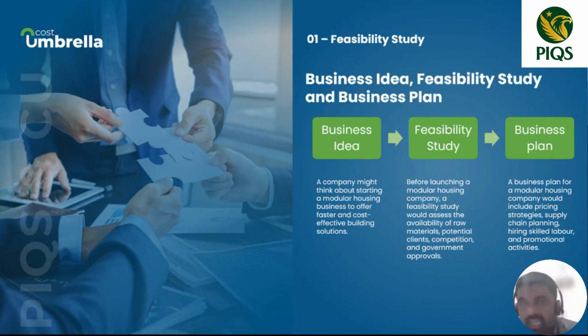So when you are having a business idea, that is a plain thing. That's an idea, right? All the ideas will not succeed. So once you have an idea, you should do a feasibility analysis. Not only the feasibility analysis, we have to do the viability analysis as well, which we will discuss in the second part. But for example, as you see in the slides, you are planning to start a modular housing business, or maybe a small business complex.